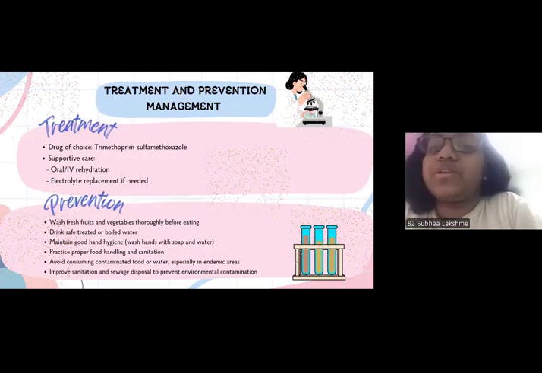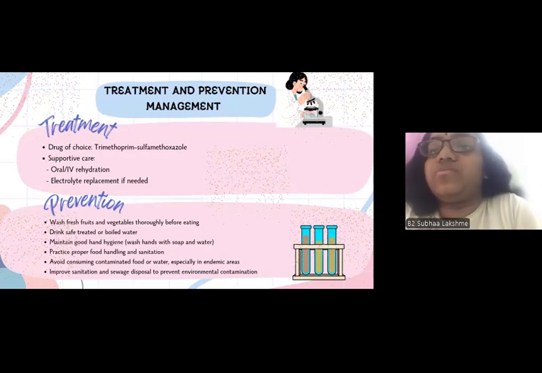I'm going to present about the treatment and prevention management. So the Cyclospora cayetanensis infection is treated mainly with trimethoprim-sulfamethoxazole, or TMP-SMX, which is the drug of choice. The usual adult dose is 160 milligrams of trimethoprim and 800 milligrams of sulfamethoxazole taken twice daily for 7 to 10 days.